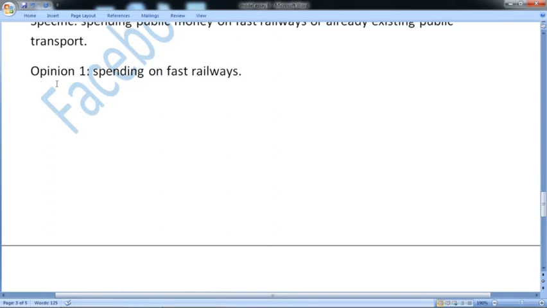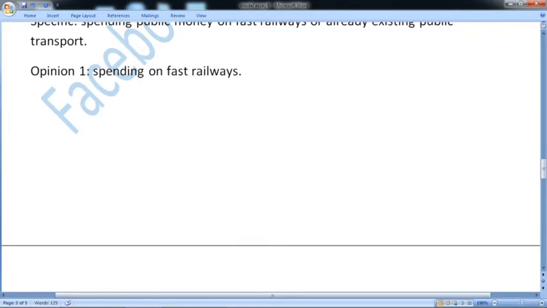In the real exam, just the question is given with 3 or 4 lines on the page, and the rest of the page is blank. You can put a line in the center, opinion one here and opinion two here, and don't waste time. Just brainstorm and write the main ideas and a little bit of explanation. It would be sufficient.